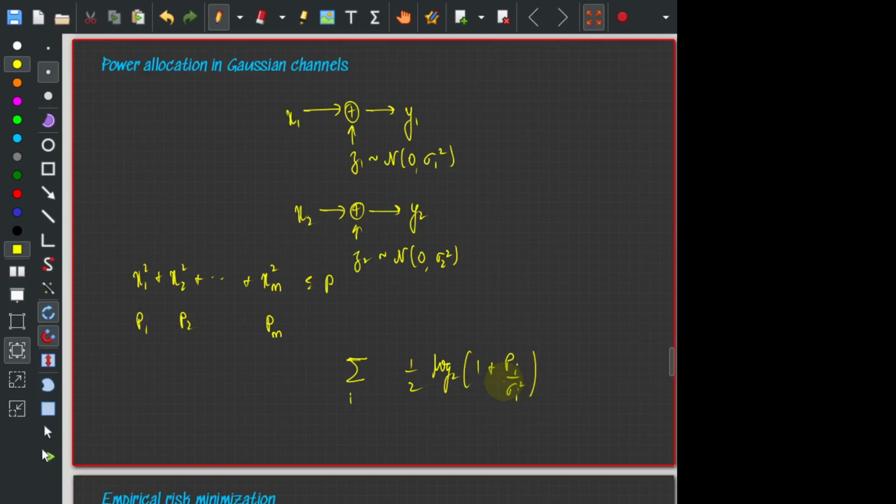This is a limit on how much data rate you can pump in over one particular channel. If you're taking the information theory course, you'll see this later on, but if you're not, it doesn't matter. Let's assume that I'm giving this to you. This is the total data rate that you can transmit over this set of m parallel subchannels.